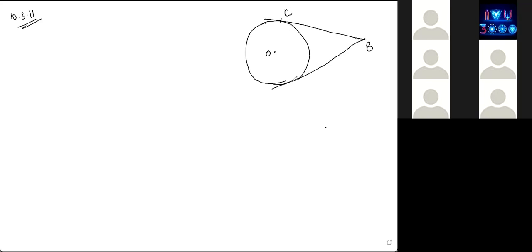So this is C and this is D. Such that angle DBC is 120. So this angle is 120, so it's supposed to be obtuse. See, this is what I'm talking about. The figure is not perfect, but it is making sense. The external point has tangents here. Prove that BC plus BD equal to BO.